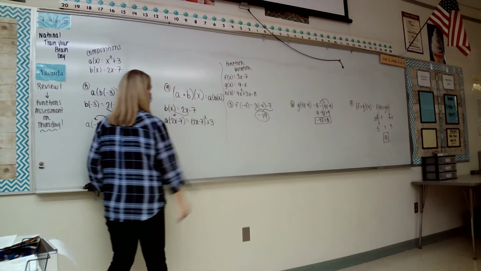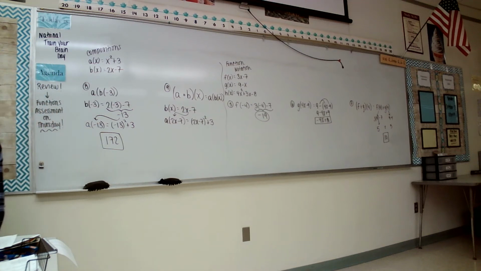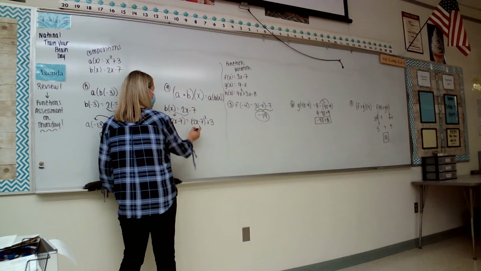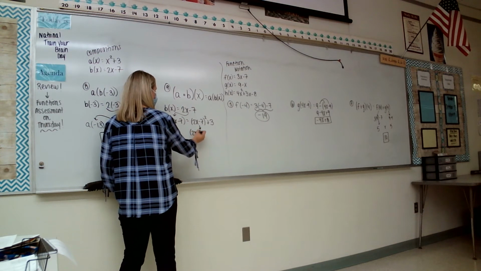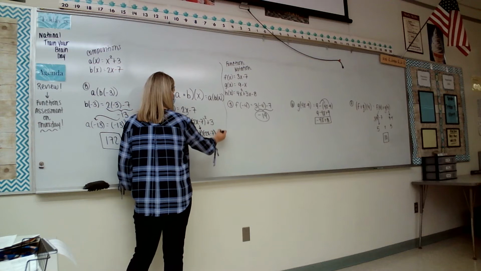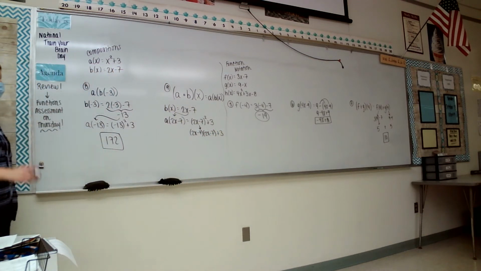plus 3. This is a step you are going to see quite a bit of, so I just wanted to point it out to you. When you are simplifying and you see a binomial squared, just make sure you remind yourself that means you're taking 2x minus 7 and you're multiplying it by itself. That's a big step. If you just square everything, that's not going to work.